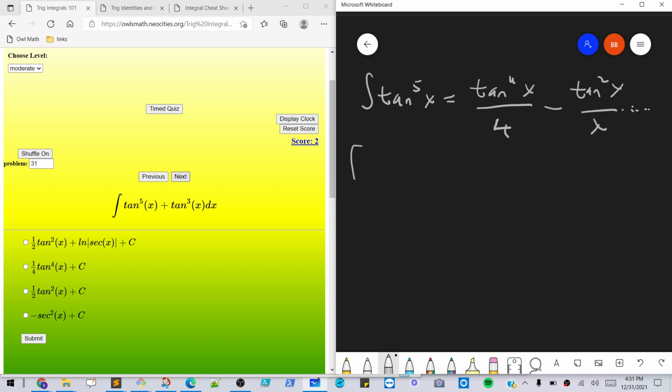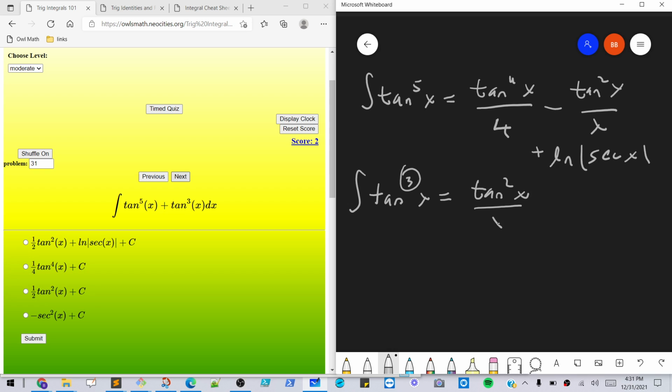I don't know, maybe that was kind of a cheap way out for me to do that. Let me just write it out. We have that, and then the integral of tan cubed. Again, you just do one less than the power here, so this is going to be tan squared of x over 2.